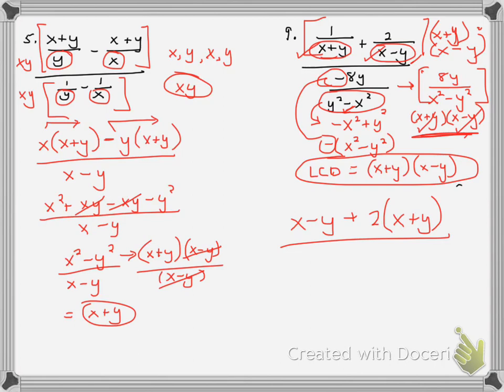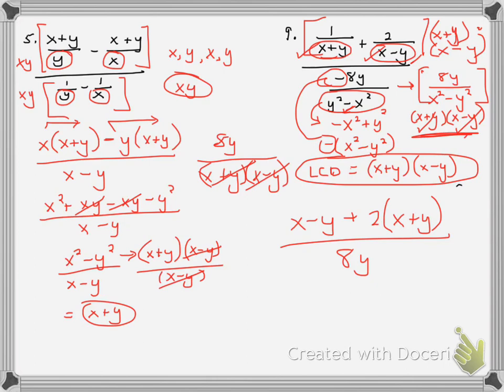So I'm really looking at x, or 8y over x plus y times x minus y. I'm multiplying by the least common denominator, which of course will go to the numerator. The x plus y will cancel. The x minus y will cancel, and I'll be left with that. So put that on pause if you need to, since it got a little bit messy, and make sure that you're convinced that that would be the next step.